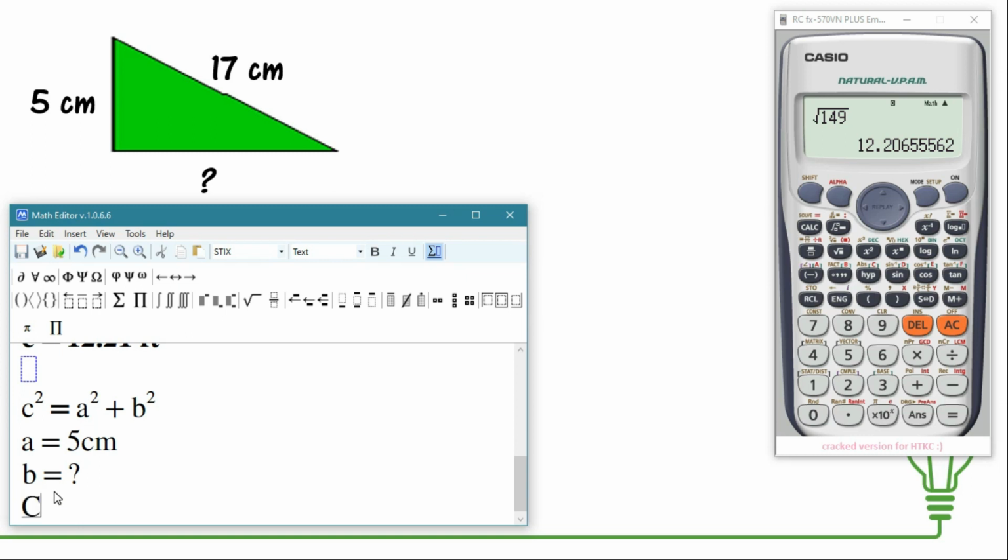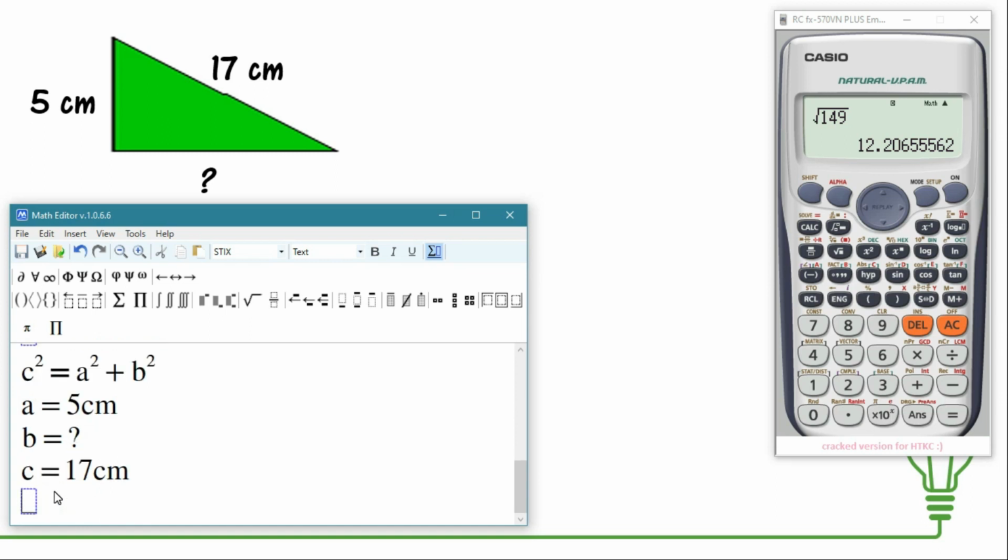And then given din yung value ni hypotenuse, which is 17 centimeters. And then what we're going to do is just to plug in the values to our formula. That would be C square, or C, alam natin that the value of C is 17 centimeters, and then the value of A is 5 centimeters, and then we are looking for the value of B. Okay?